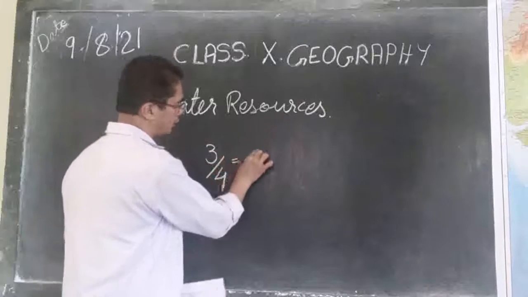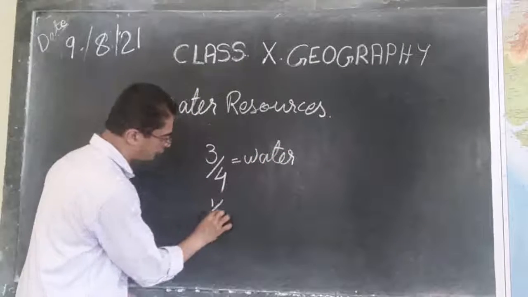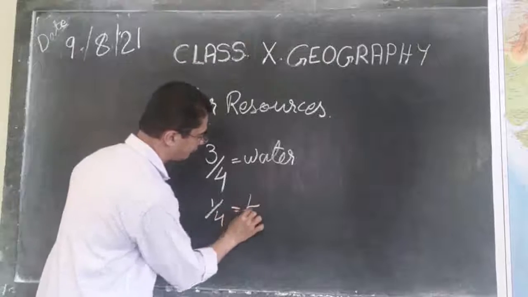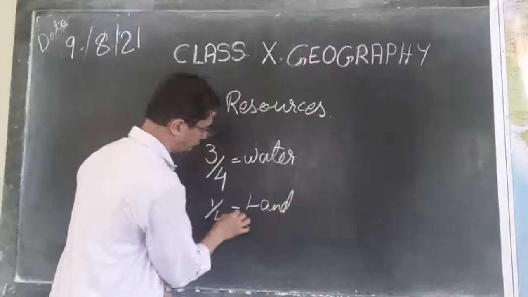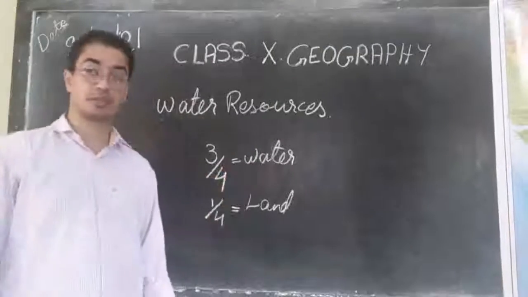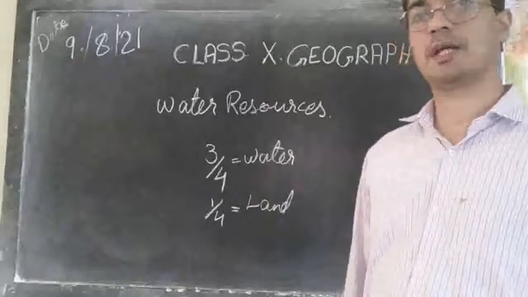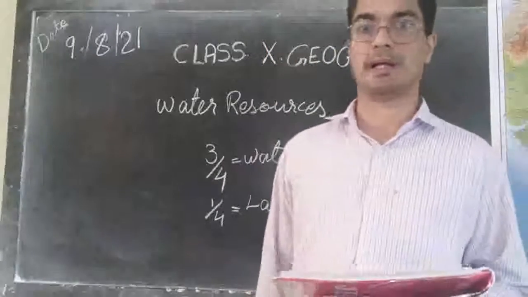Then only 1/4 is land. So see the difference. 3/4 is filled with water, and just 1/4 of the earth is land.